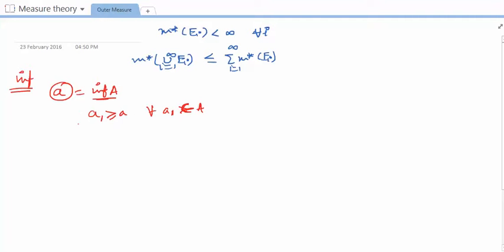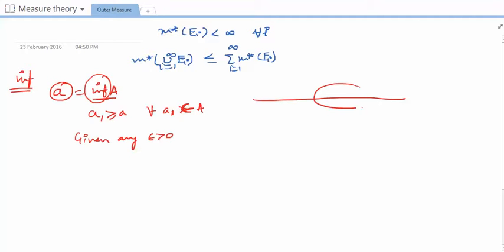There is a more precise definition: given any epsilon greater than 0, if you add epsilon to your infimum you get a plus epsilon, and then you can find an element of your set A which is less than a plus epsilon.